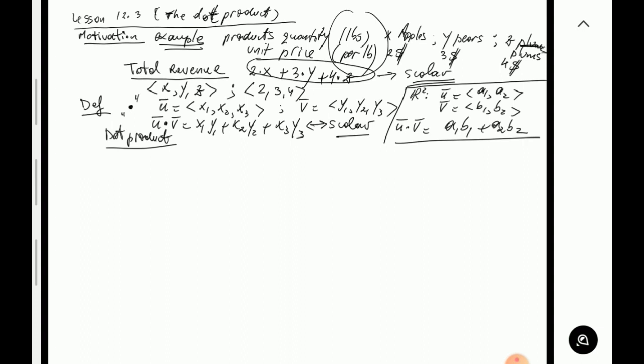So that is the definition. And let's move on now with discussing some important properties of this operation before we move on to actual applications of the dot product.